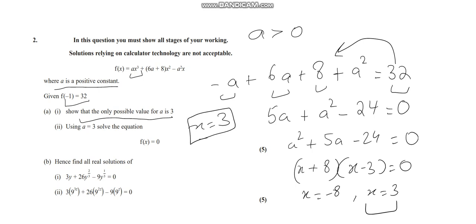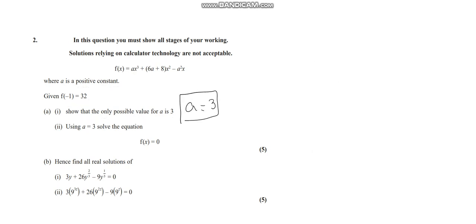Now moving on to the second part, part b. The second part says that using a is equal to 3, solve the equation f of x equal to 0. What we have to do is plug the 3 value into the original equation, not the one we found. Most students get confused here.